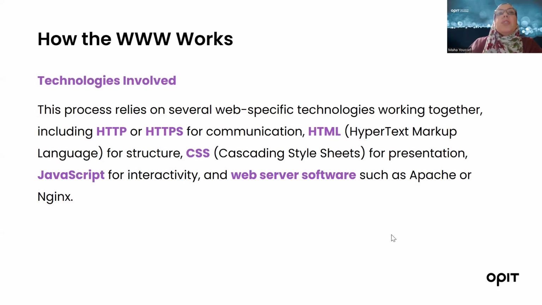This relies on several web-specific technologies working together: HTTP or HTTPS for communication, HTML, hypertext markup language, for structure, CSS for presentation, JavaScript for interactivity, and web server software such as Apache or Nginx.